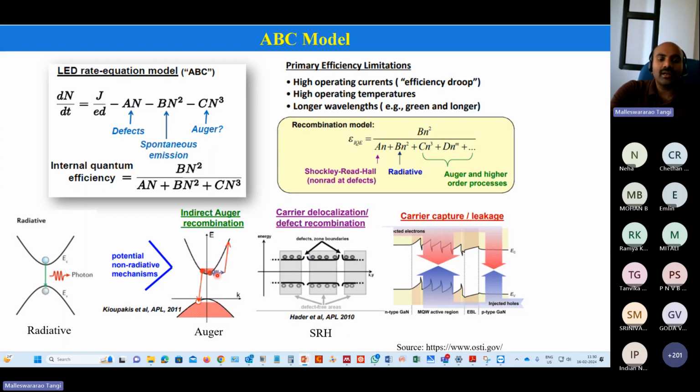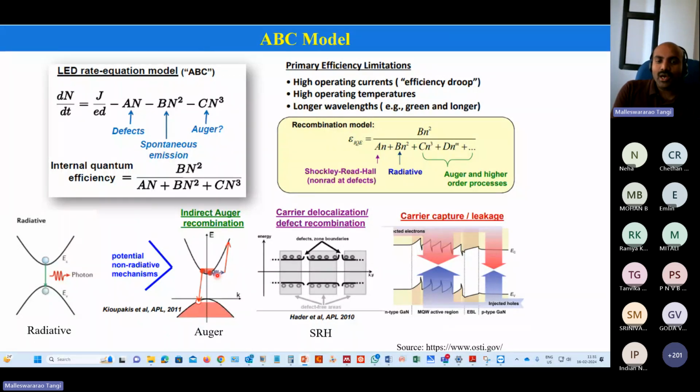Within the conduction band, electrons transit from one level to another, and they relax by emitting a phonon. Phonon means it will heat up the device. That's how it reduces efficiency. The other one is carrier delocalization via defect recombination.